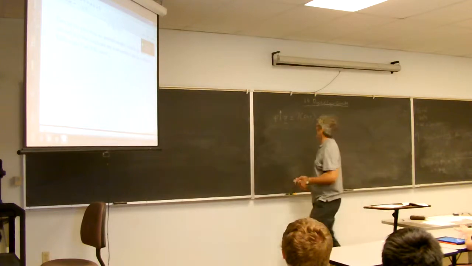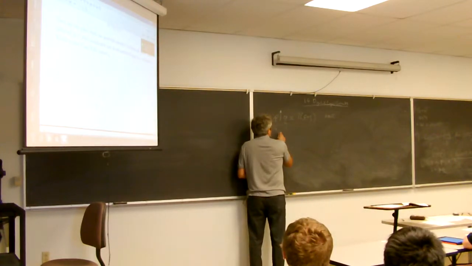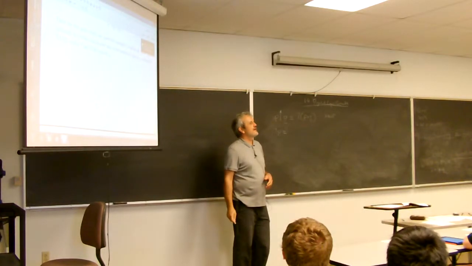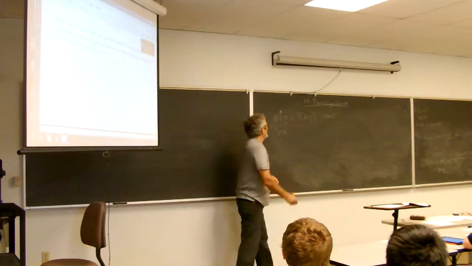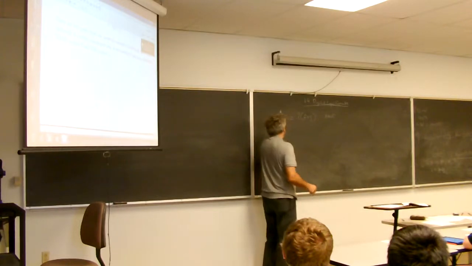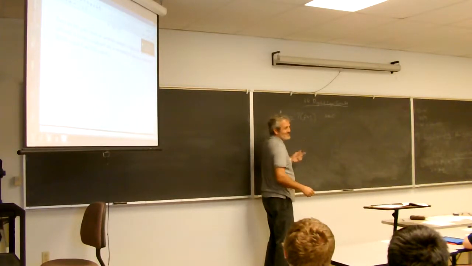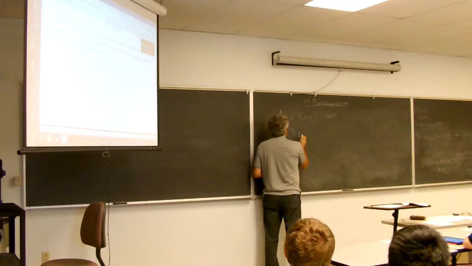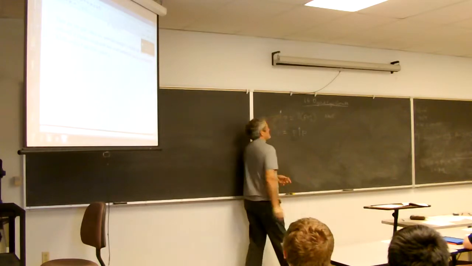Why? How can you express a negation using Sheffer symbol? If it's only one letter, of course, so it would be what? Negation of P is P Sheffer P. Is this true?